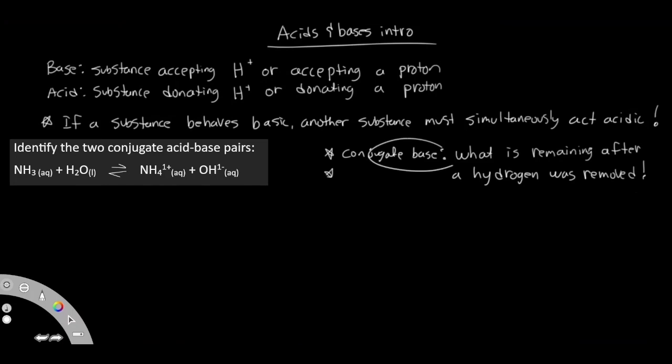So the conjugate base of an acid is what is remaining after the hydrogen was removed. So that is going to be a conjugate base. For a conjugate acid though, the conjugate acid of a base is what is forming when a hydrogen was added to it.